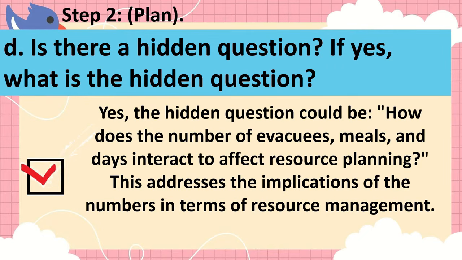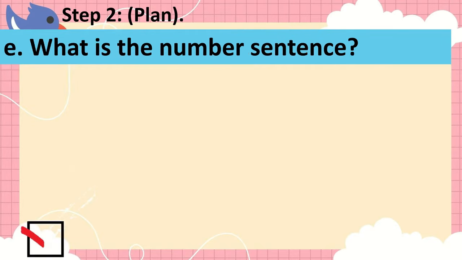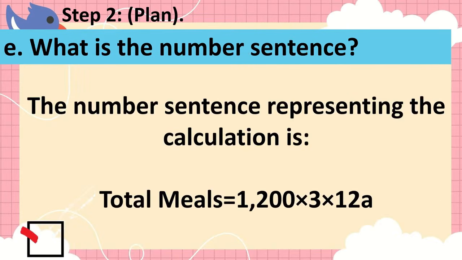This addresses the implications of the numbers in terms of resource management. What is the number sentence? You're right, the number sentence representing the calculation is total meals equals 1,200 times 3 times 12.